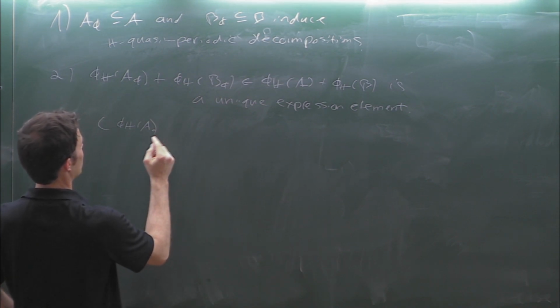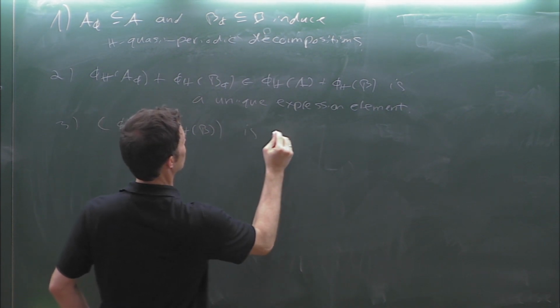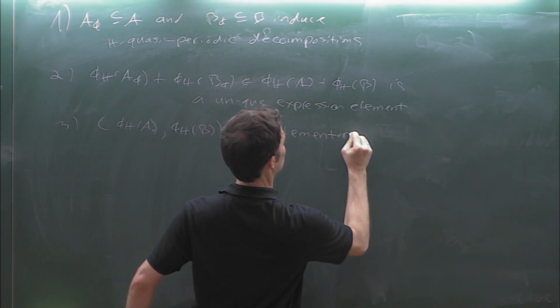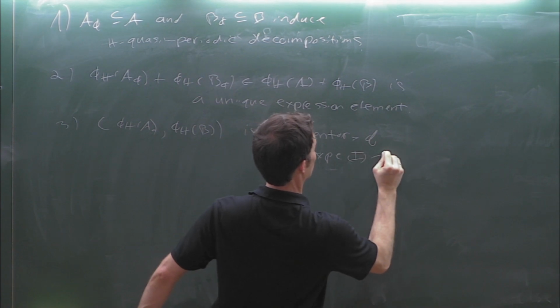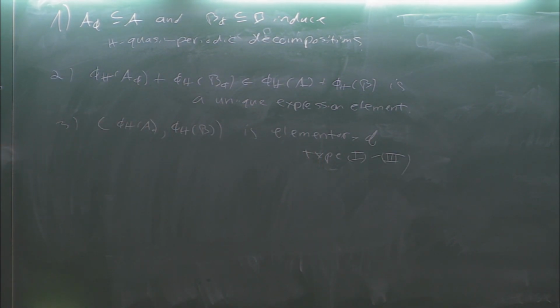As I said, phi_H of A and phi_H of B is elementary, of type 1 through 3. We don't need 4. That only happens if we start off with it, because 4 doesn't have a unique expression element in the stronger definition.